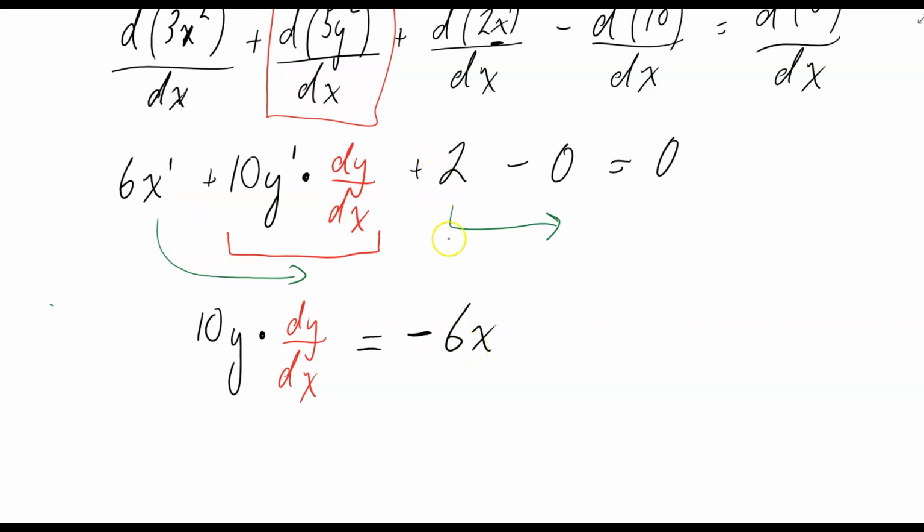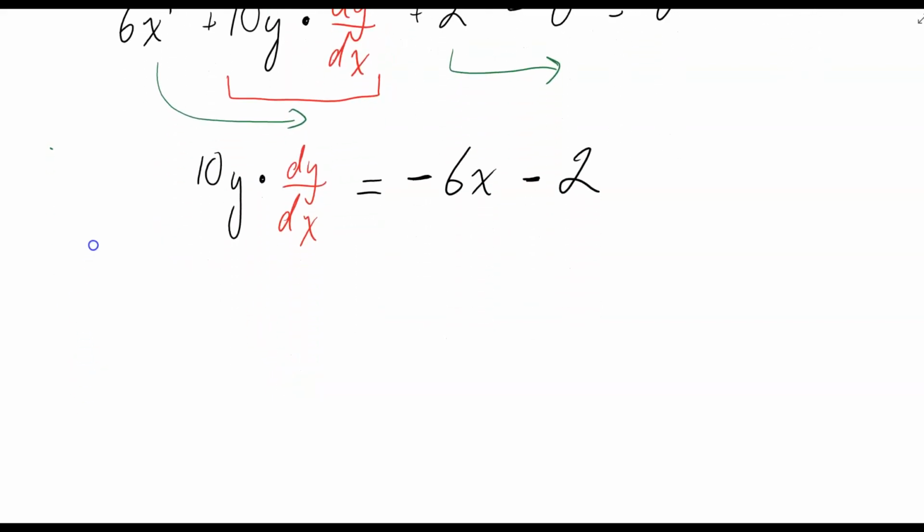And I'm moving my plus 2 to the other side, it will be minus 2. And we're still working on isolating the dy by dx, and it's multiplied by 10y. So in order to isolate it, I need to divide both sides by 10y.